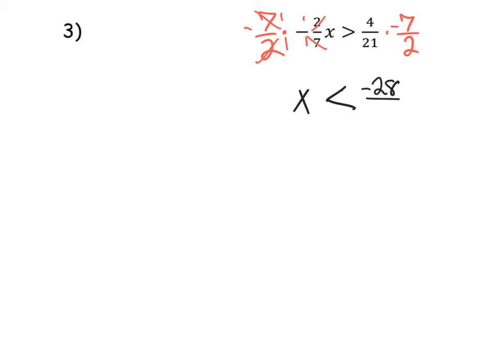Denominator, 21 times 2, 42. So when you get this number, you're still going to have to reduce. What number can you think of that goes into 28 and 42? 7. Okay, cool. Reduce. How many times is 7 going into 28? 4. And by the way, it's a negative 28 and a positive 7, so it'll be negative 4.